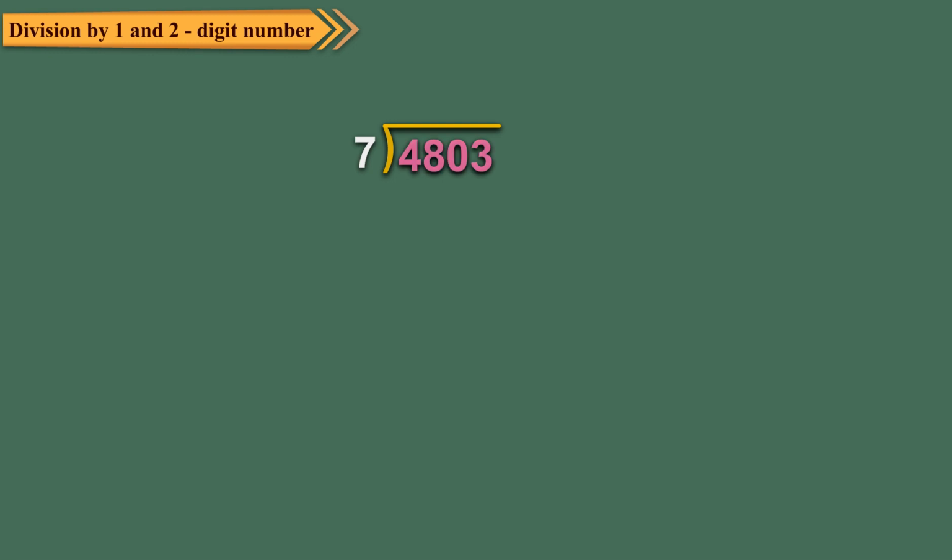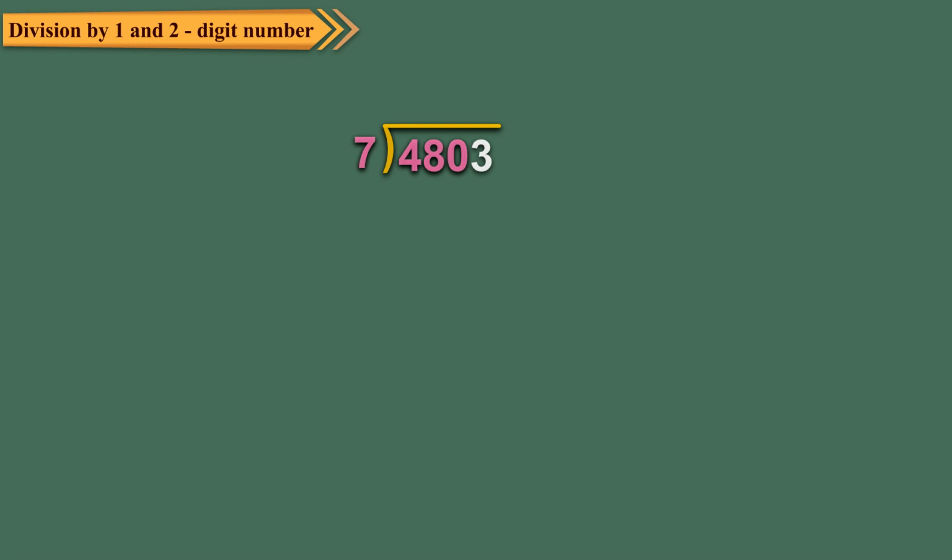Consider 4,803 divided by 7. Arrange the dividend and the divisor as shown. Start from the left. But 4 is less than 7. So take 4,800s, that is 48 hundreds.